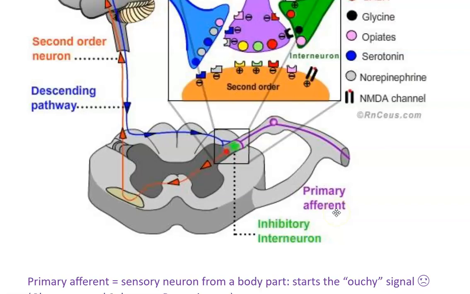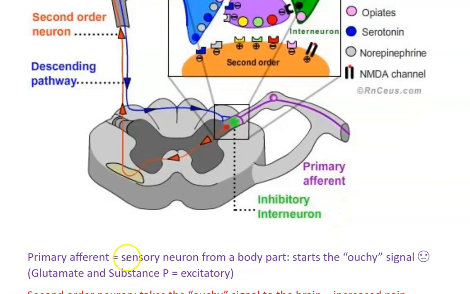So this primary afferent is a sensory neuron from a body part, and that starts what I call the ouchie signal. And the neurotransmitters that are released here are glutamate and substance P. And so these are excitatory neurotransmitters.